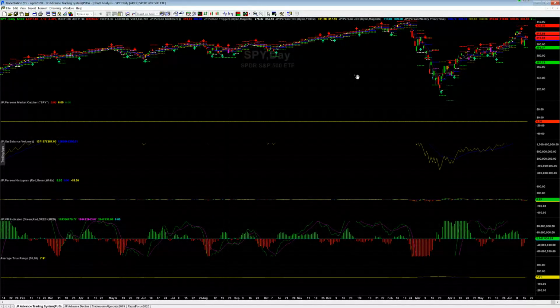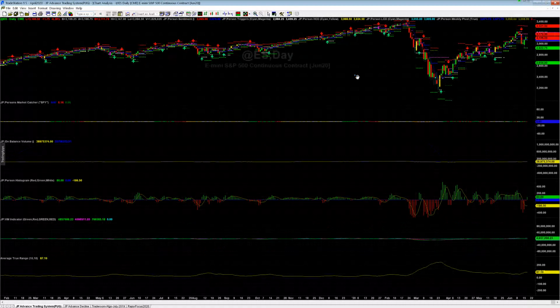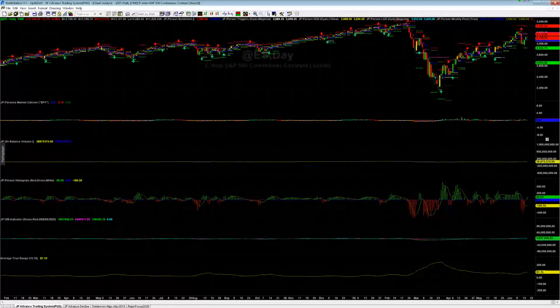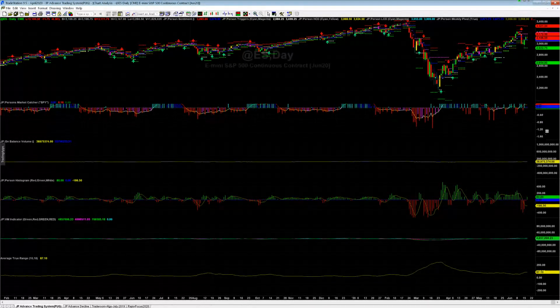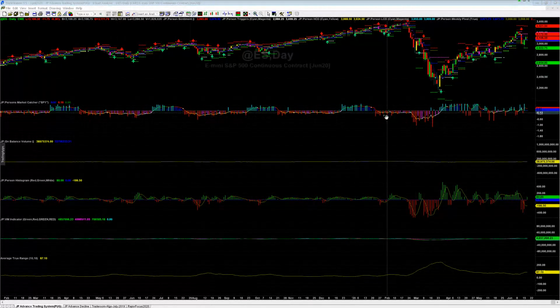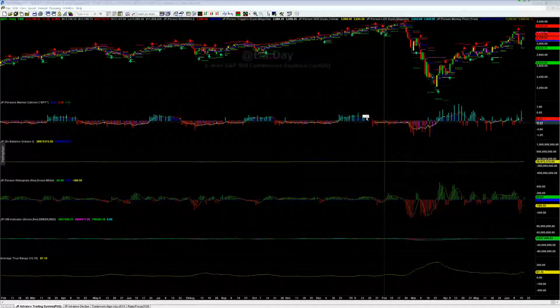Funny, if you go to the E-mini S&P, it isn't the SPY, and the E-mini S&P trades 24 hours, so its performance can change relative to the cash market. You might see a little change there, which is pretty weird.